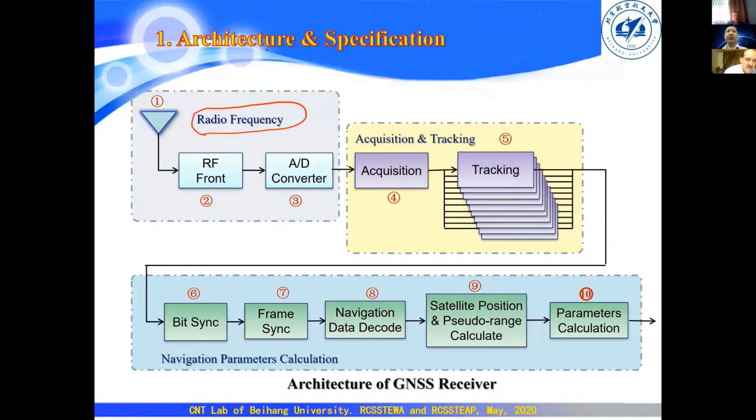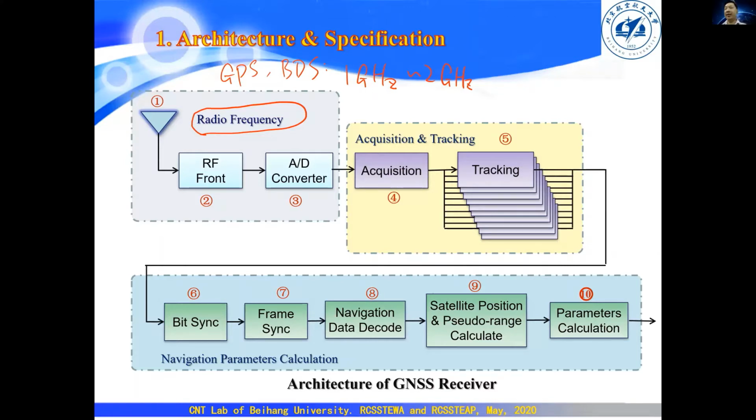For example, GPS or BDS have frequencies of about 1 gigahertz to 2 gigahertz. According to signal processing theory, you need a very good front end. So we need the radio frequency part. We will have an antenna and a front end converter. I will talk about that a little bit later.